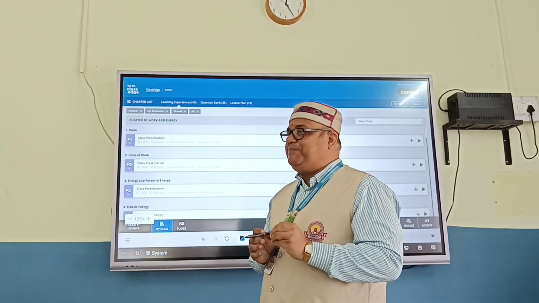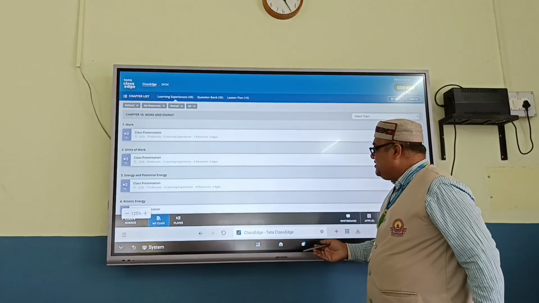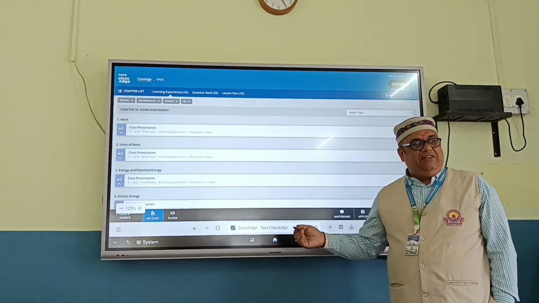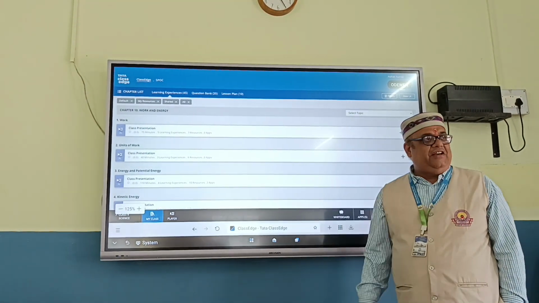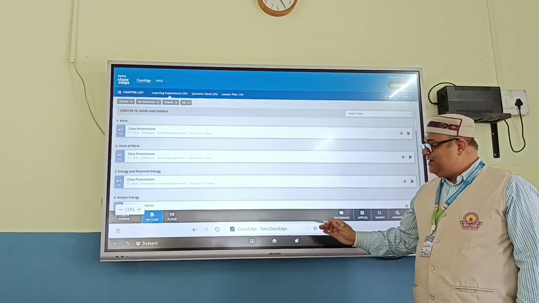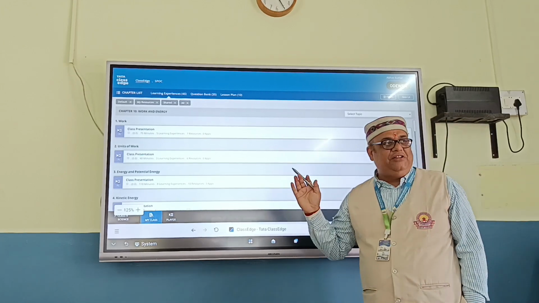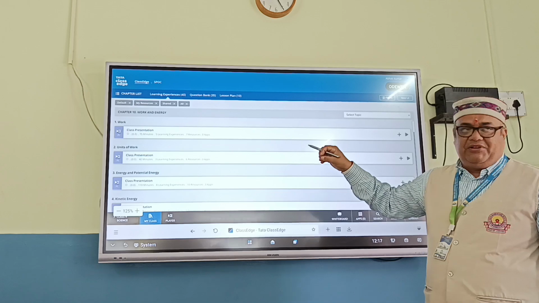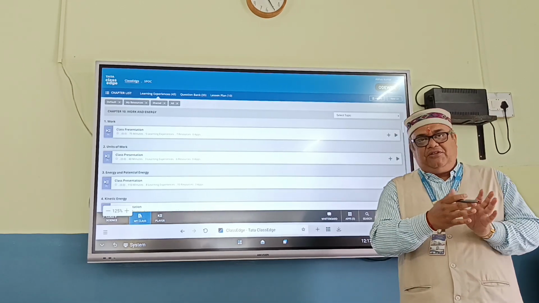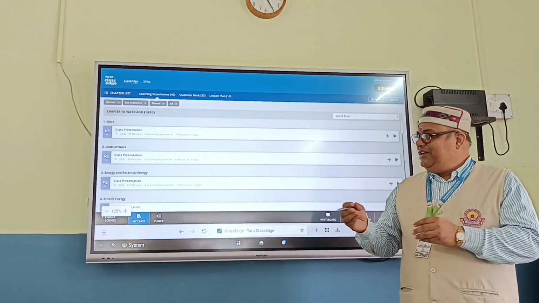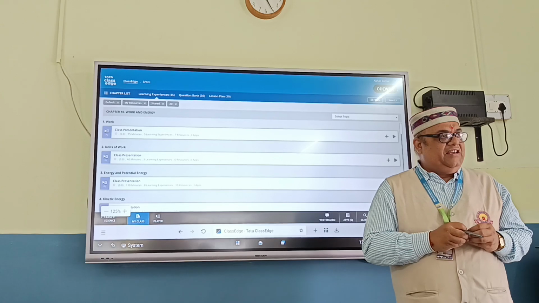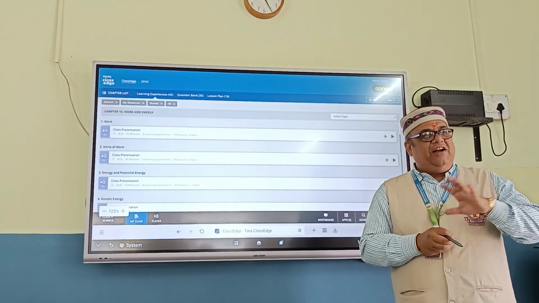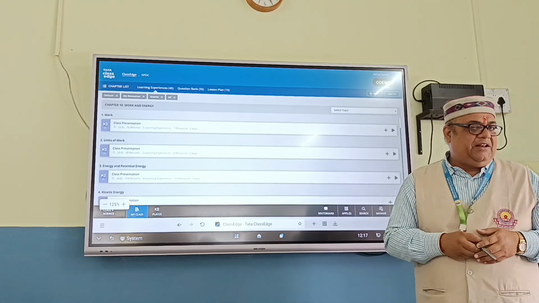To start with this chapter, Tata Class Edge has provided us with lots of information, from the grassroots level to the upgraded version, and from the exercise questions given in the NCERT book also. So they have helped us in various ways.